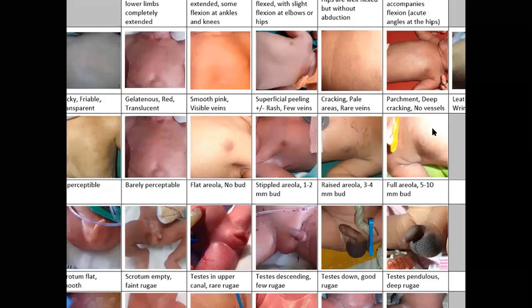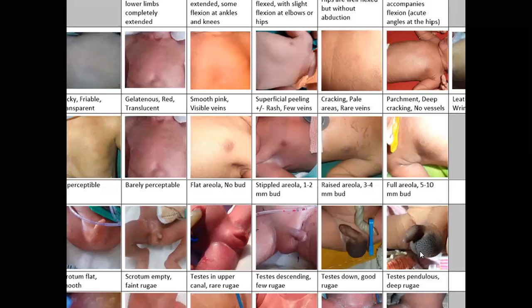So, this is the pictorial representation of the Ballard scoring system. This is the external genitalia of a term newborn. You are able to make out that the scrotal skin is deeply pigmented with well-formed rugae, and both the testes are descended.